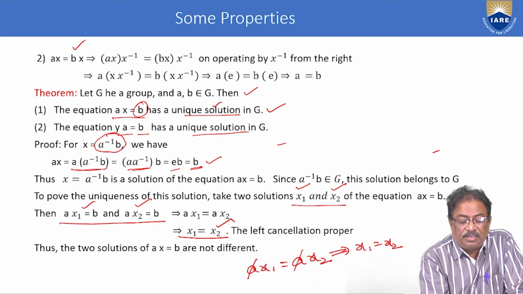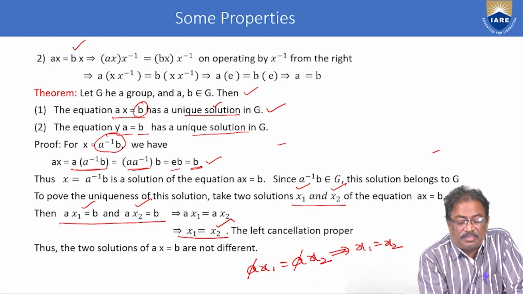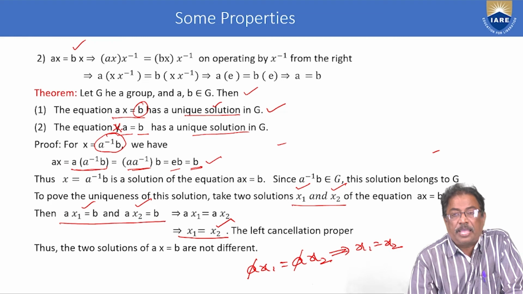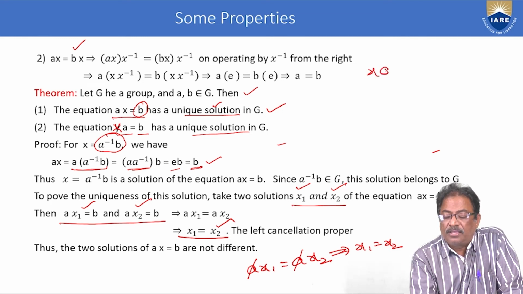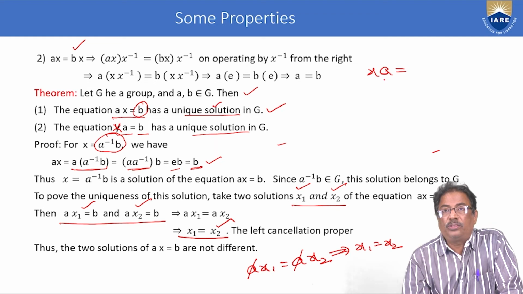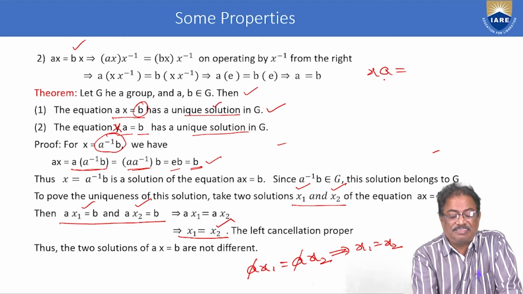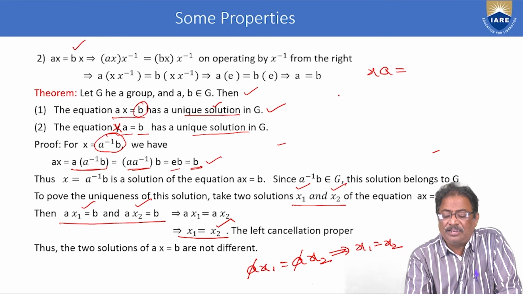So here it is not ya, it is xa. So xa = b. For this, I am going to prove that x = b a inverse is the solution.